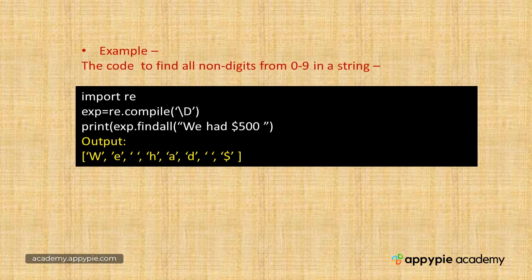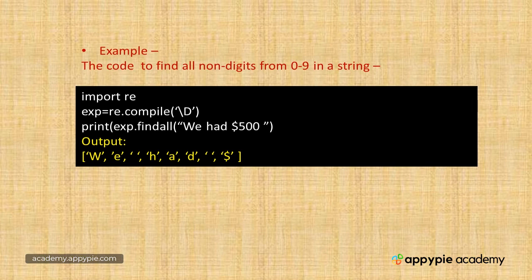Now see carefully. This time I am writing capital \D, not small d. When I write capital D, that means I want to search for all the non-digits, not digits but non-digits. So in the print method, I have used the findall method, which will search all the non-digit characters.